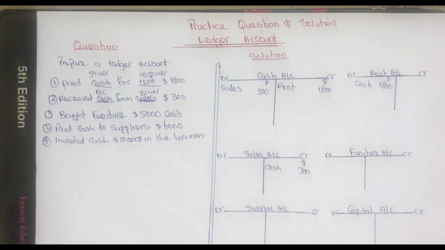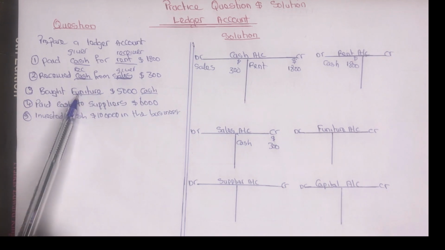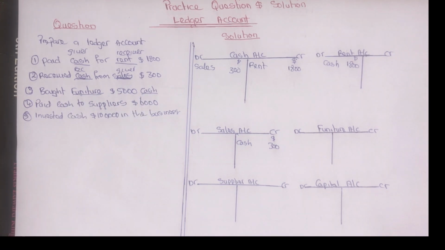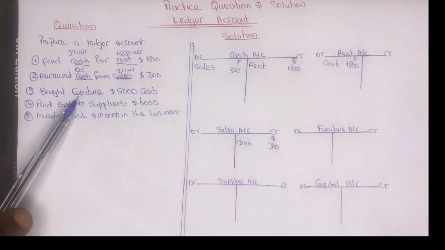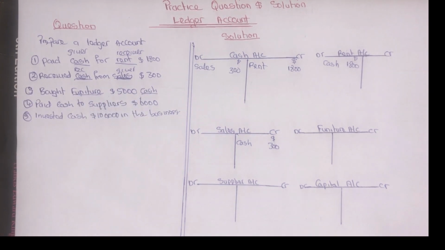No, there is just one ledger account for each account. So the business is buying furniture. So furniture is coming in, and cash is given to furniture.